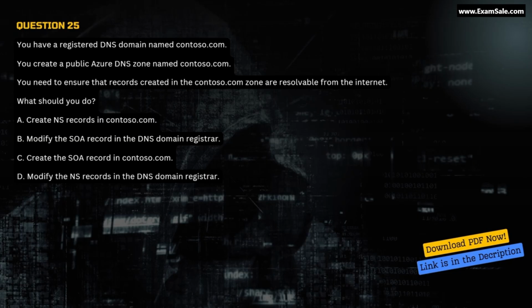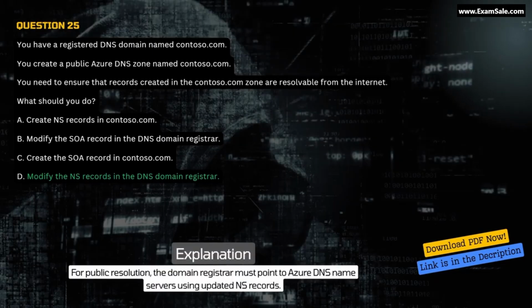C. Create the SOA record in contoso.com. D. Modify the NS records in the DNS domain registrar. Correct answer D. Modify the NS records in the DNS domain registrar. Explanation. For public resolution, the domain registrar must point to Azure DNS name servers using updated NS records.